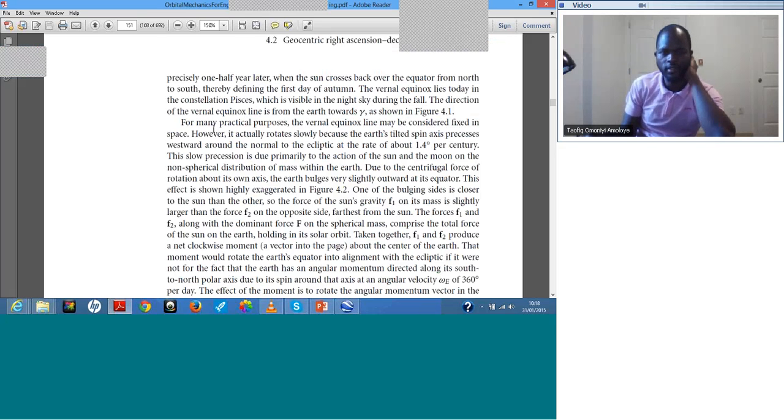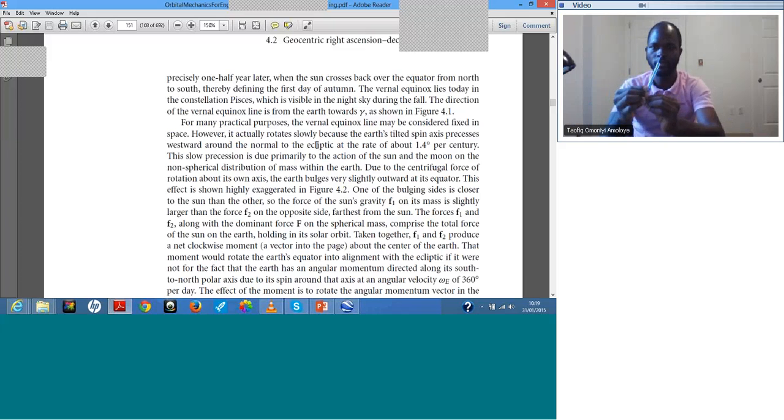So this is interesting. You see, for many practical purposes, the vernal equinox line may be considered fixed in space. However, it actually rotates slowly because the Earth's tilted spin axis precesses westward around the normal to the ecliptic. When you say something precesses, that means it's slowly rotating in the manner that I'm rotating this pen.